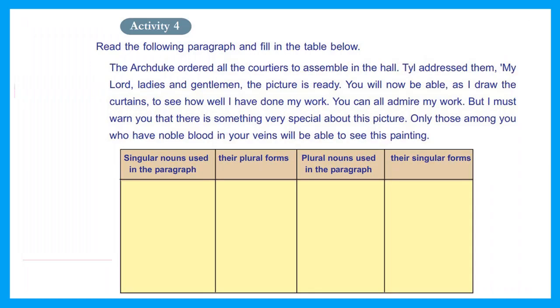Read the following paragraph and fill in the table below. The Archduke ordered all the courtiers to assemble in the hall. Child addressed them, "My lord, ladies and gentlemen, the picture is ready. You will now be able, as I draw the curtains, to see how well I have done my work.